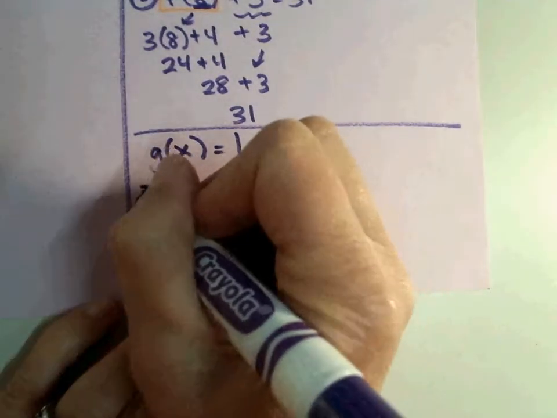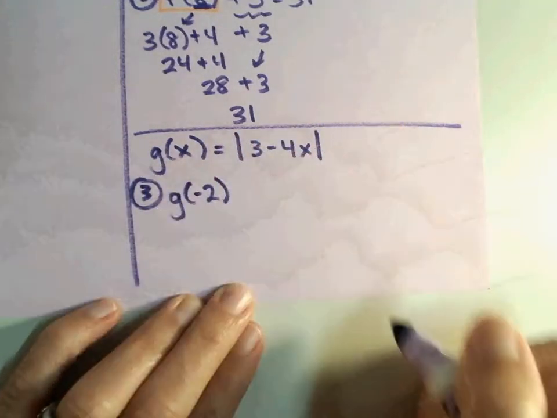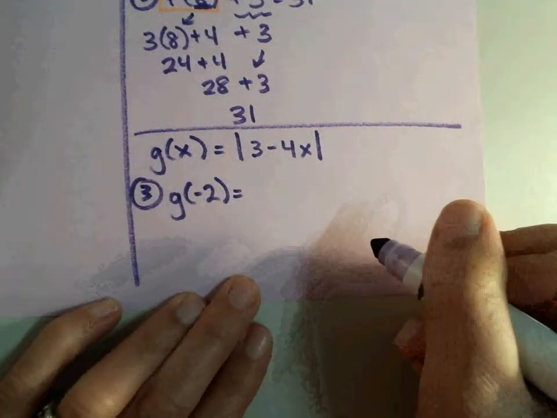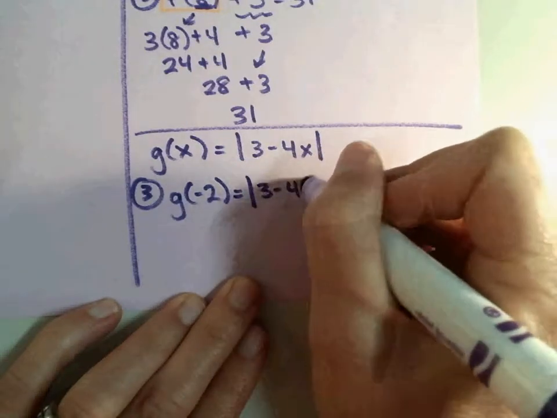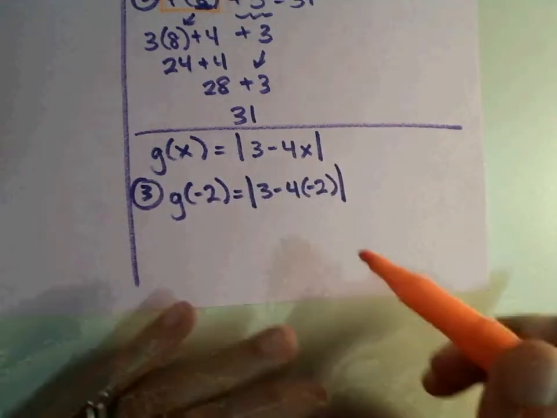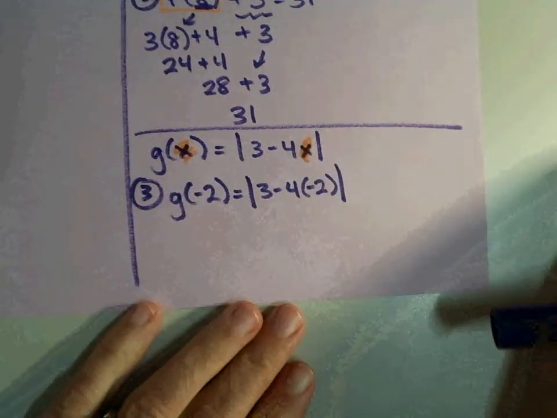So number 3, let's evaluate g of -2. So I'm putting -2 in for all my x's. So that would be equal to the absolute value of 3 minus 4 times -2. Close your bar. So notice I just put it in for the x. In for the inputs went -2.